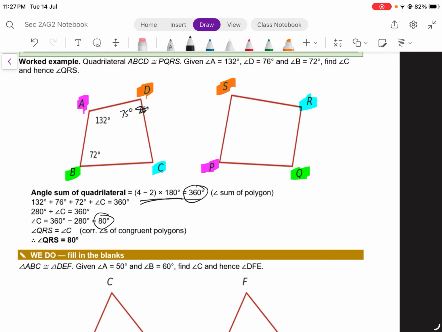QRS would be BCD. So QRS is the same as angle C, which we found as 80. Okay, so angle C is 80 degrees. C corresponds to R, so it's also 80 degrees, and R is angle QRS also.